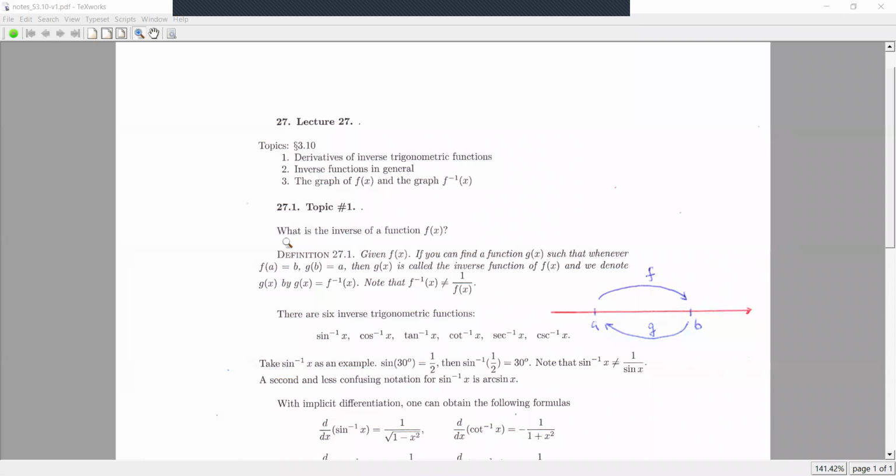Topic 1, what is the inverse of a function? Here is the definition.